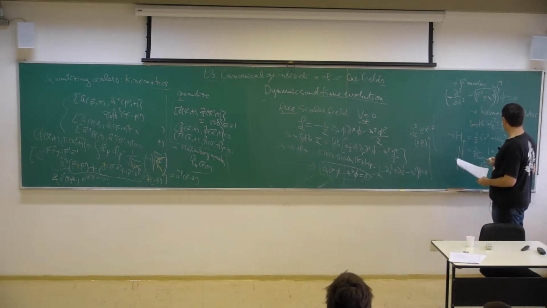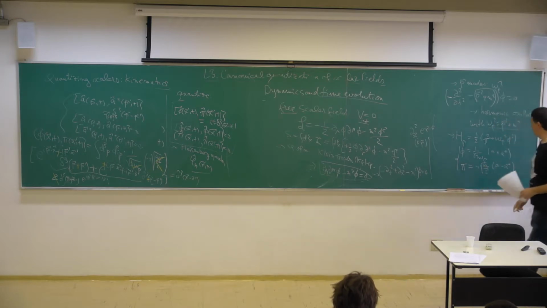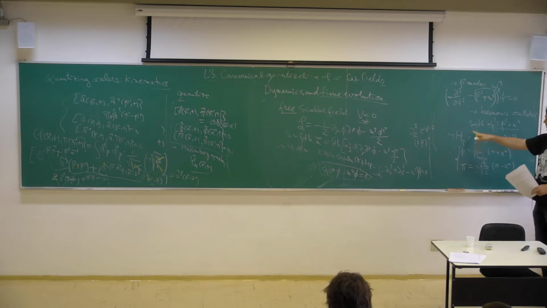Perhaps let's write it this way, I think this is better. So I have pi canonically conjugate to phi, but then the omega depends on the p, which is the spatial momentum of the field.